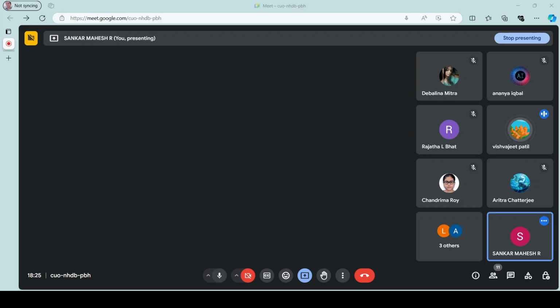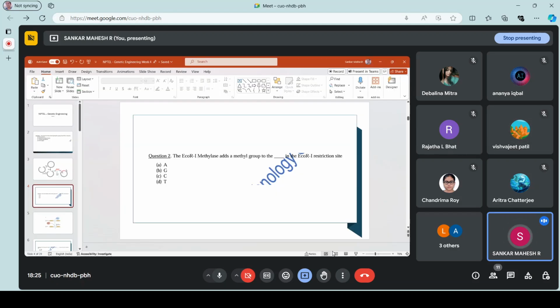Okay. We'll go on to the next question. The next question is: the EcoR1 methylase adds a methyl group to the dash of the EcoR1 restriction site. We'll take a couple of minutes, and whoever wants to answer can first talk about the EcoR1 restriction site.